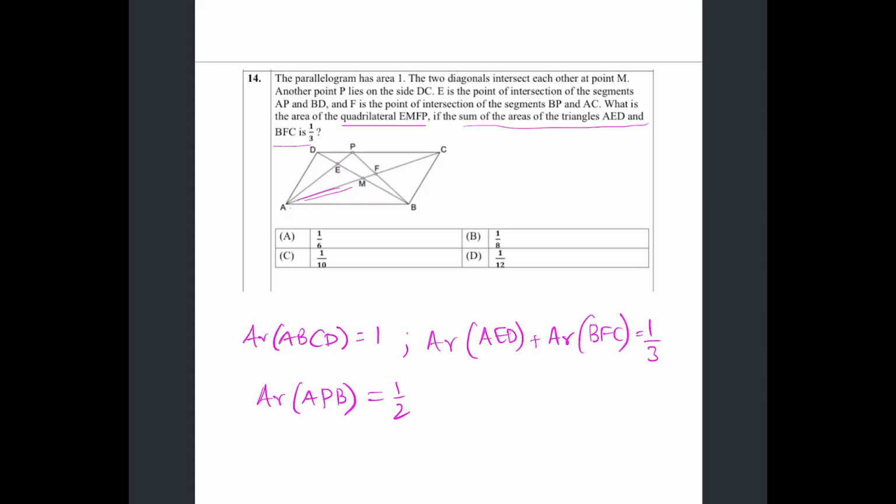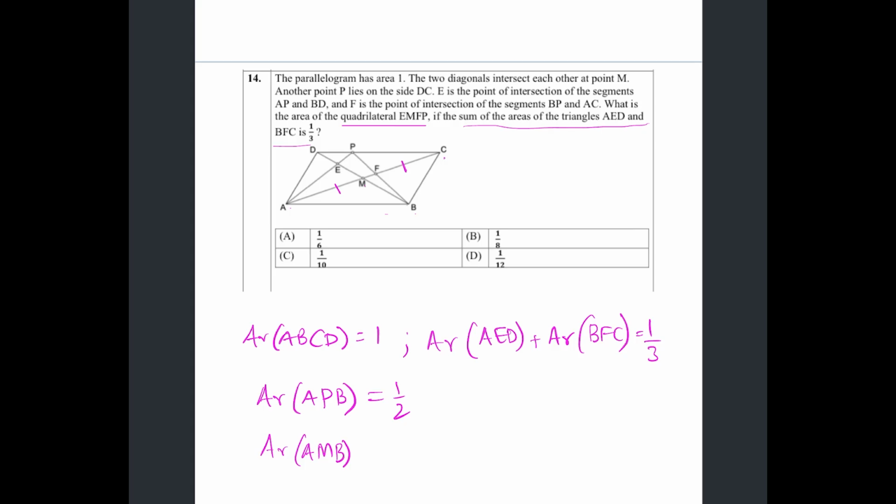So what is area of AMB? M is the midpoint of AC, because in a parallelogram the diagonals bisect each other. AM is equal to MC. In triangle ABC, the area of ABC is also half because it has the same base as the parallelogram and the same height.